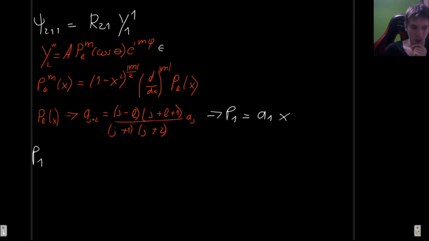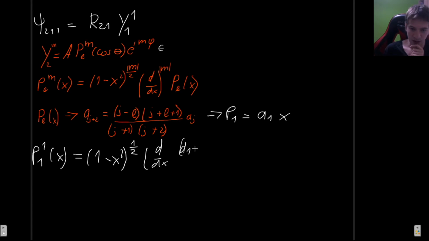So now let's go in here. P1,1: this time M is not 0, so we can't just say this is 1. So 1 minus x squared to the 1/2 power times the first derivative of this polynomial, which is just a1x. So when you derive it, you just get a1.